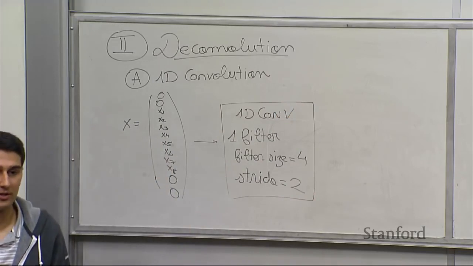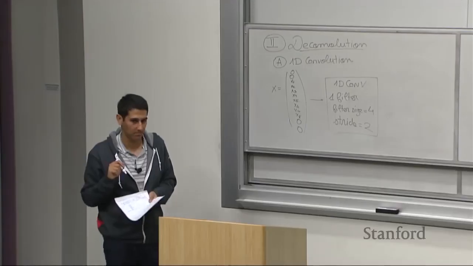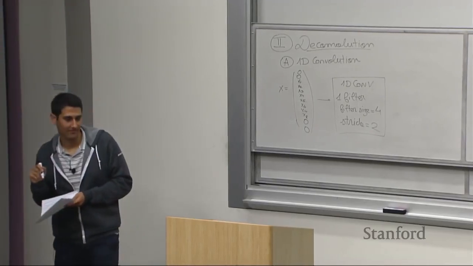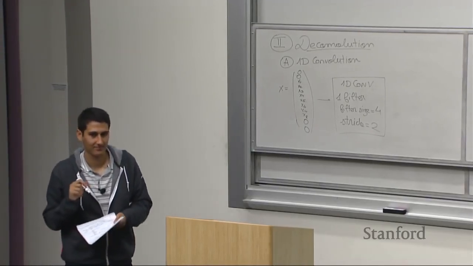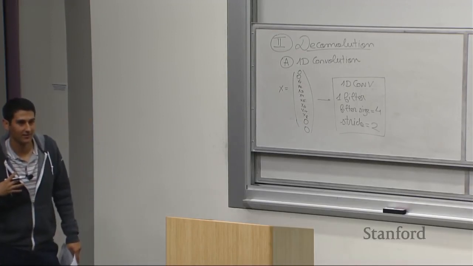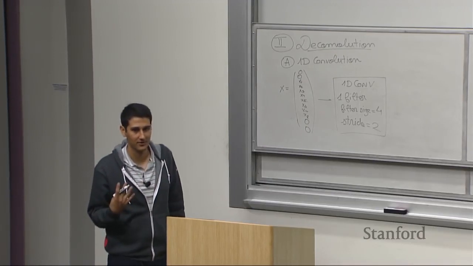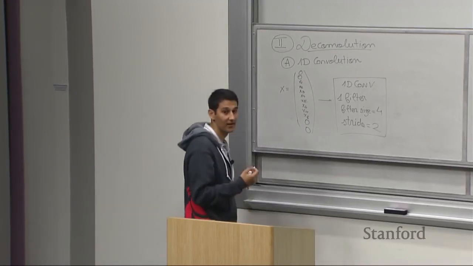So my first question is, what's the size of the output? Can you compute it on your notepads and tell me? Input size 12, filter of size 4, stride of 2, padding of 2. 5, yeah, I heard it.